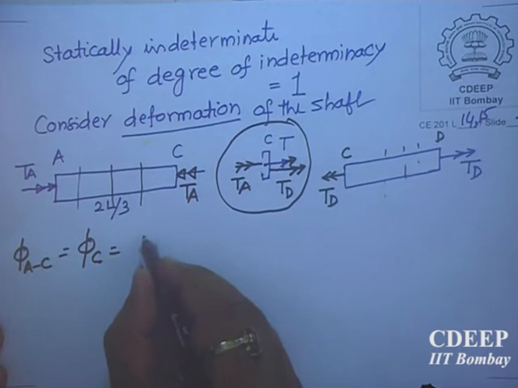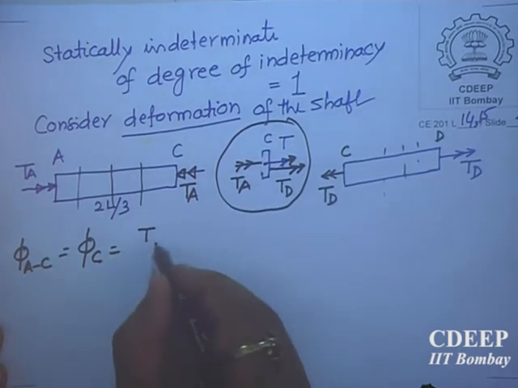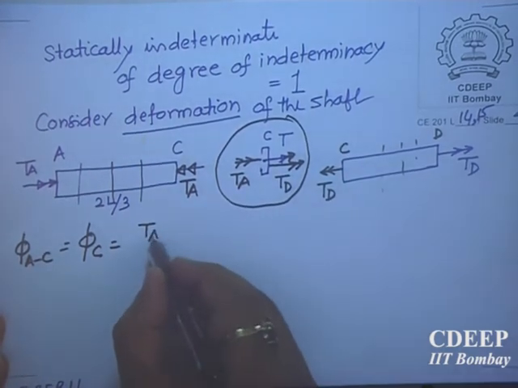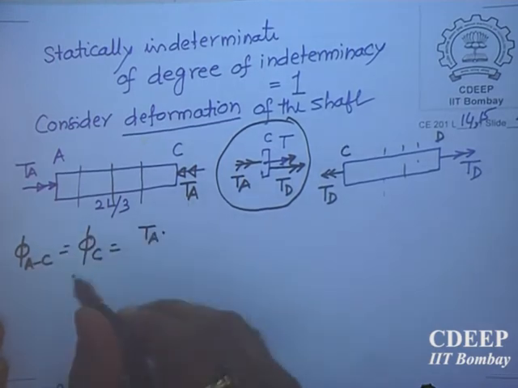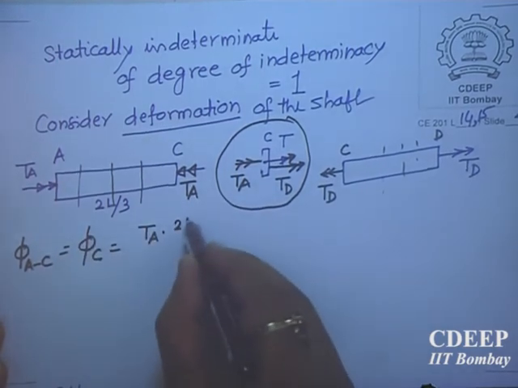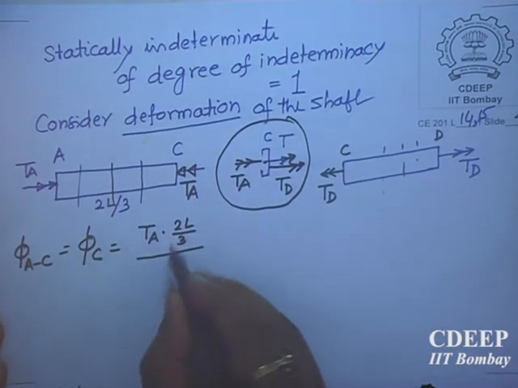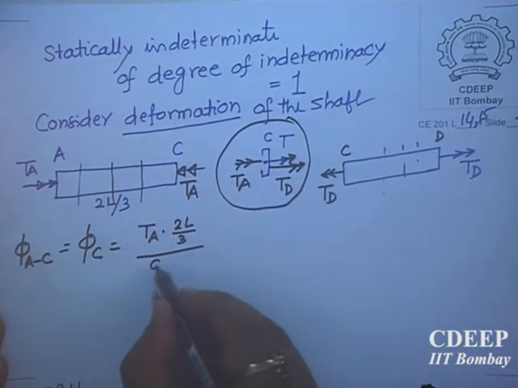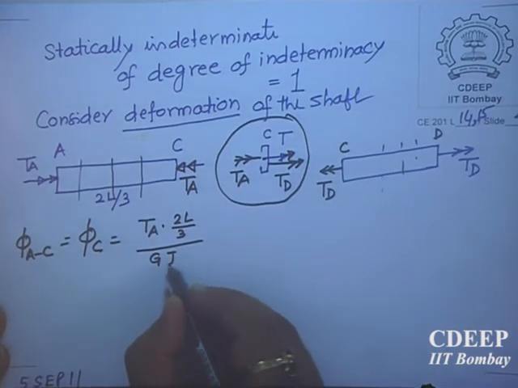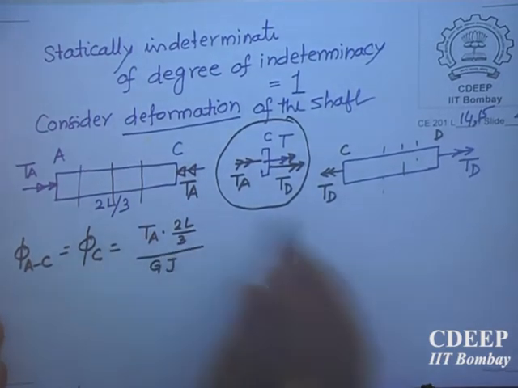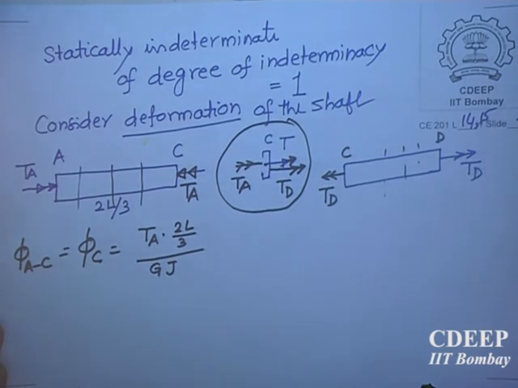If you are calling this phi C, then what is the value? It will be T A, what is the length? 2L by 3. So TL by GJ. GJ is constant, so it is okay.